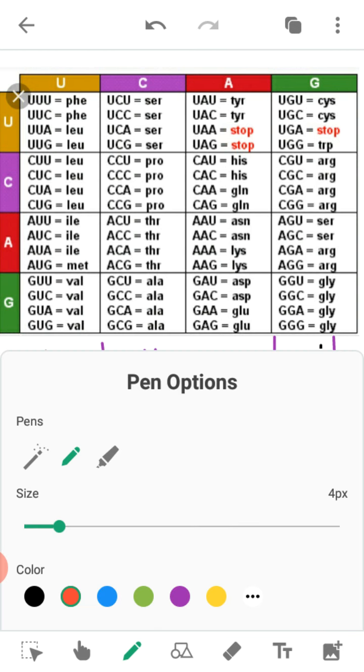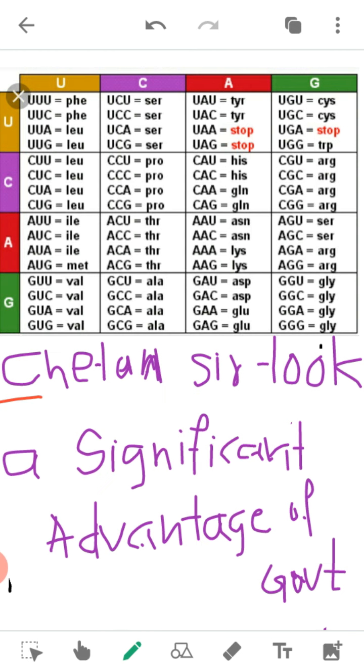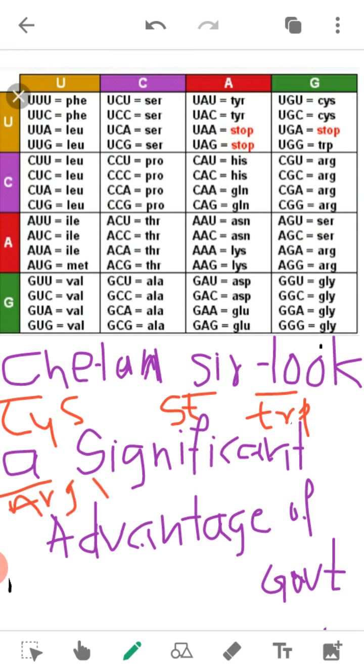See here, the C is for cysteine, S is for stop codon, T is for tryptophan, A is for arginine, S is for serine, A is for arginine and G is for glycine.